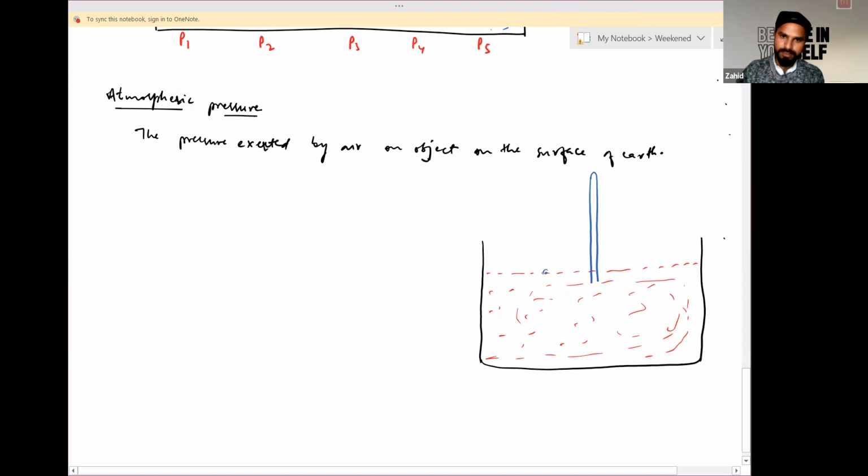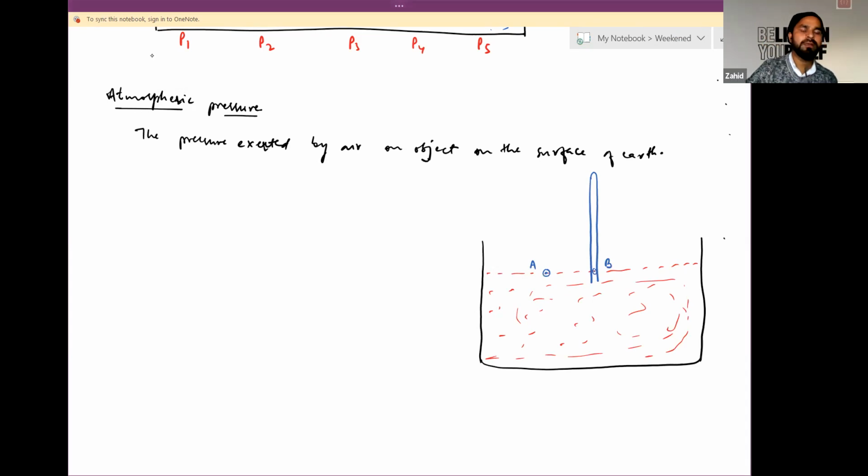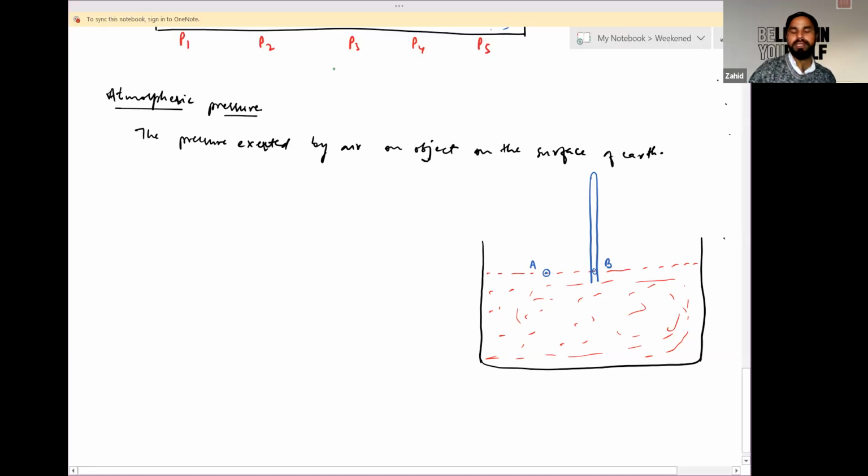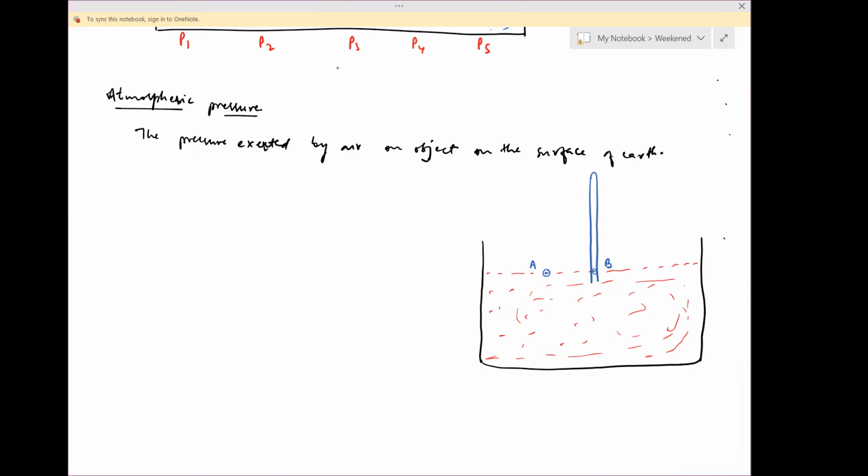Let's say a point at this A, another at this, let's say B. So Mamuna, tell me, is the pressure at point A equals to pressure at point B? No. Why so? Because I think in the center of the fluid, the force is at normal. I mean the pressure.